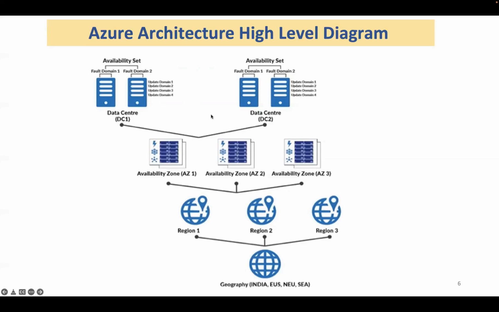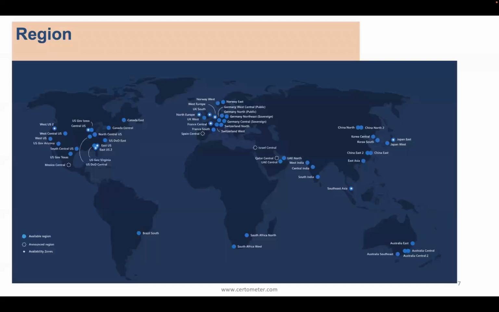So let's recap the concepts which you have seen in the high level architecture of Microsoft Azure. Let's look at the next slide. Now, what's a region? A region is a set of data centers deployed in a latency-defined perimeter and connected through a dedicated regional low-latency network.